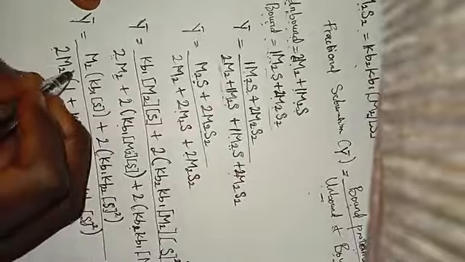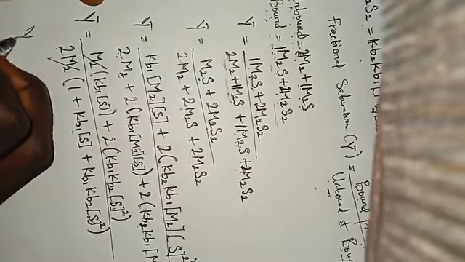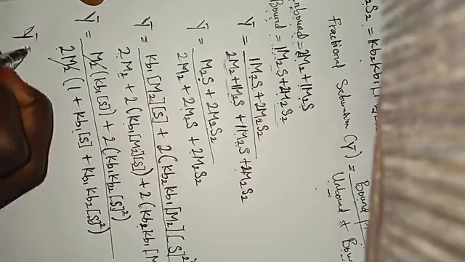From here we can strike this one out and write down the final equation for the Adair equation for a dimeric protein.